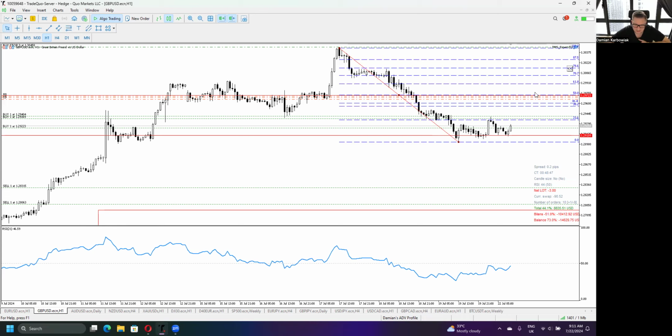I'm looking for one more sell right here once I see a nice and clear H1 or H4 candle formation at the level of 50%. This is one scenario. Is this scenario clear for you?